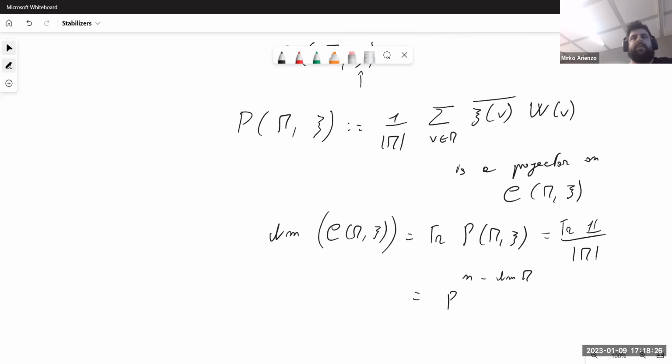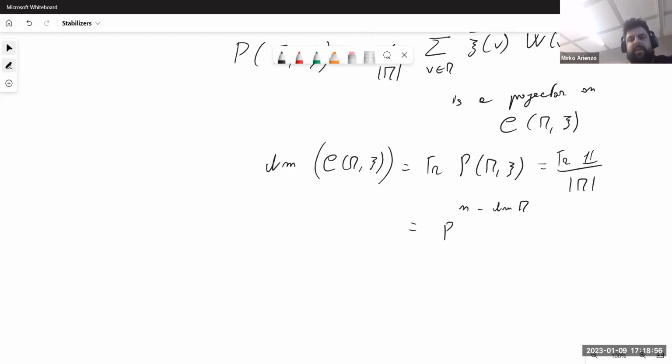And when you take M to be of dimension N, in symplectic language, M is a Lagrangian subspace. Then the dimension of this space is 1, so it is spanned by only one vector, and you call this vector a stabilizer state.